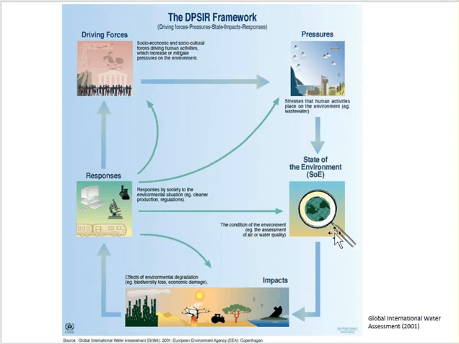What is the environment doing at the moment, particularly with respect to the environmental impact we're looking at, maybe biodiversity loss? What is the state of biodiversity in this particular area or country, and what are the trends in biodiversity loss there?